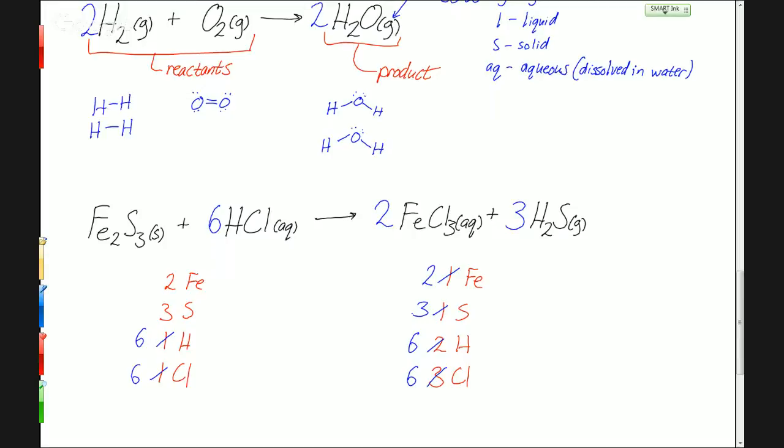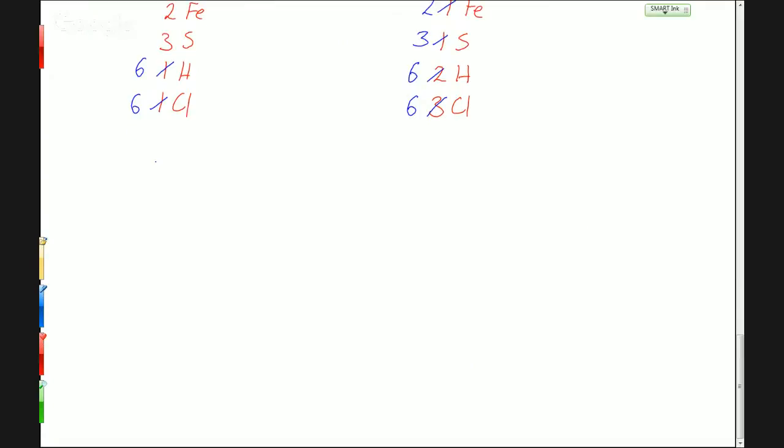All right, let's try another one, and then we'll call it a night. And let's see what happens when it gets a little bit weirder. This is a reaction for the combustion of butane, the same kind of gas that's in a lighter. Combustion is when something reacts with oxygen to produce carbon dioxide and water.